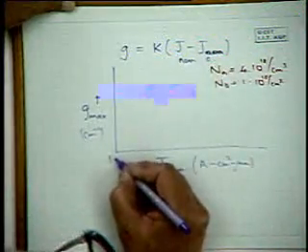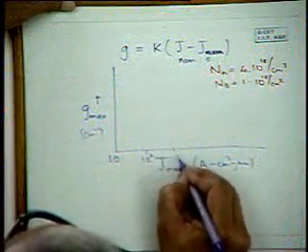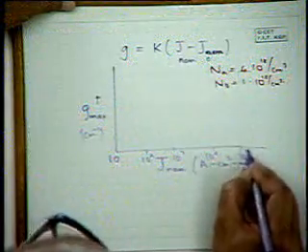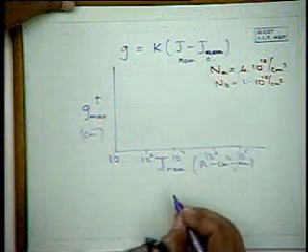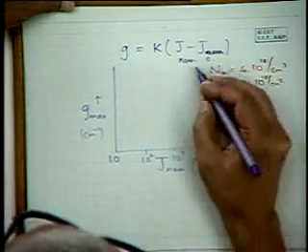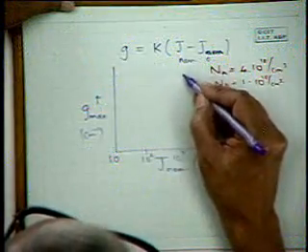This is 10⁻¹, 10⁻², 10⁻³, 10⁻⁴, 10⁻⁵. The parabolic band tail model gives you some values like this.